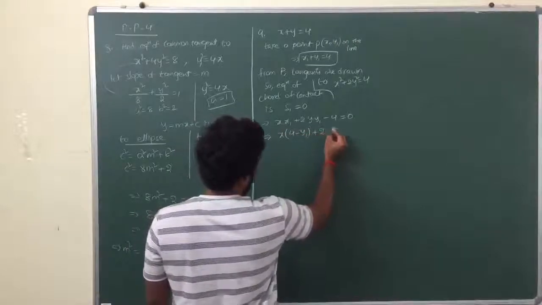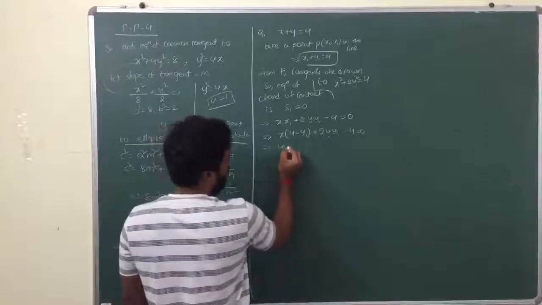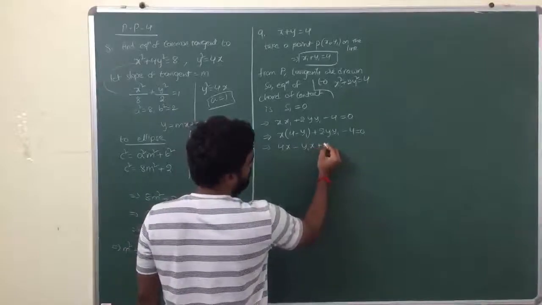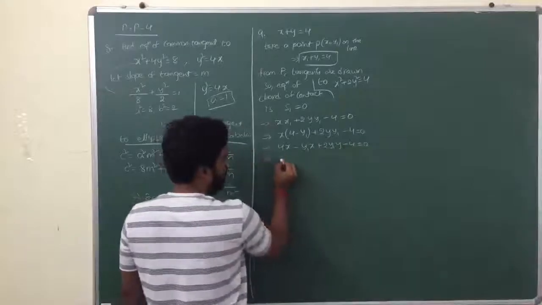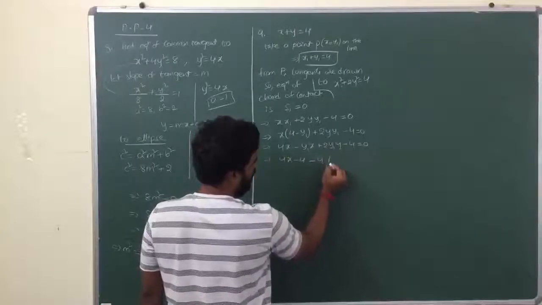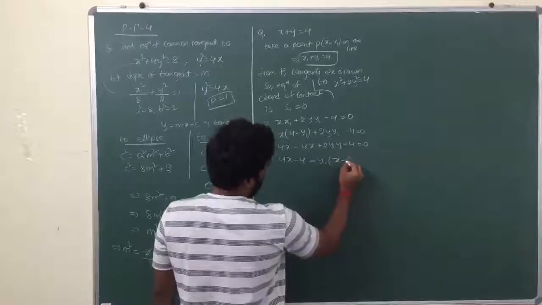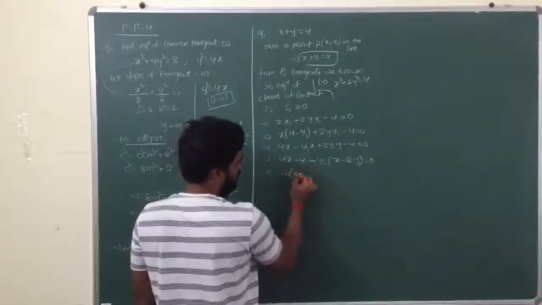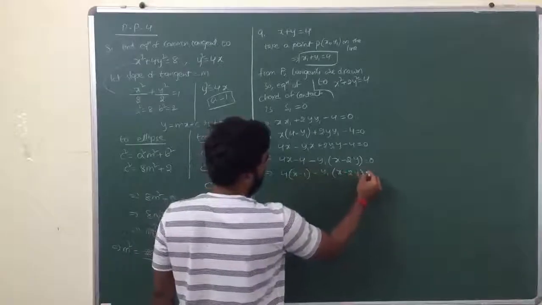So 4x minus y1x plus 2y1y minus 4 is equal to 0. Now 4x minus 4, take y1 common, minus y1 of x minus 2y is equal to 0. So 4 of x minus 1 minus y1 of x minus 2y is equal to 0.